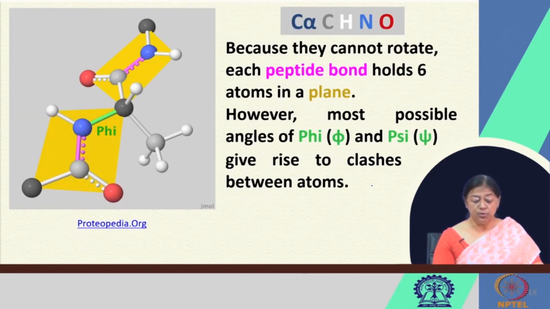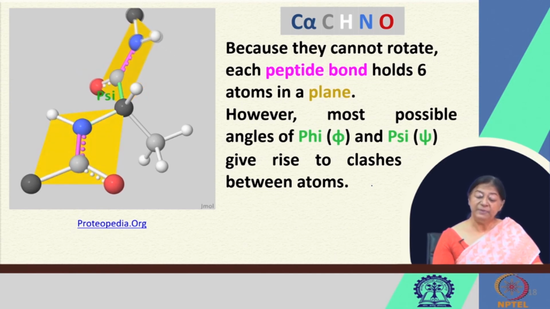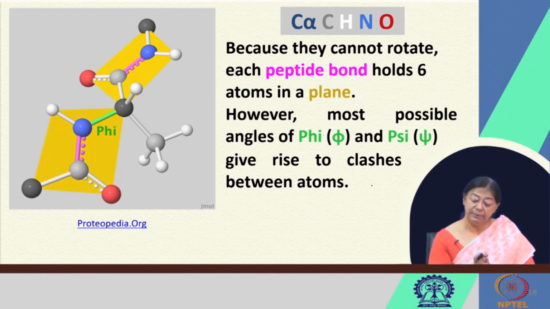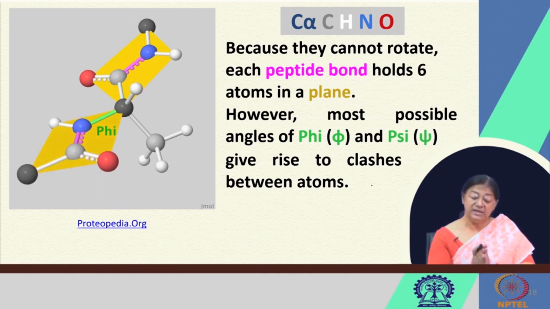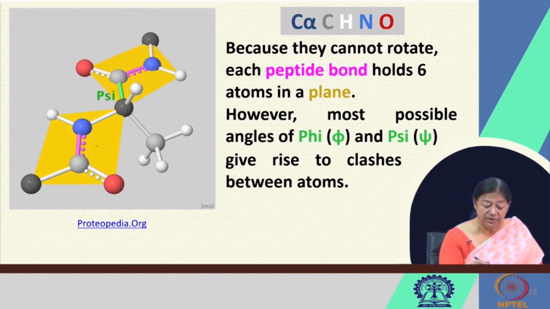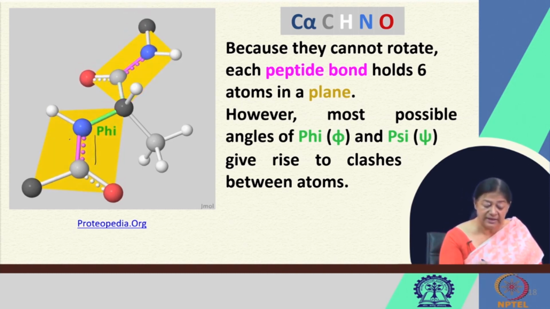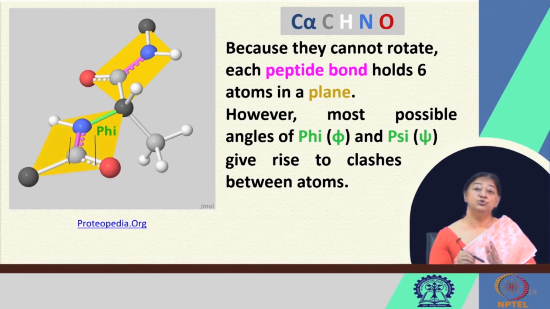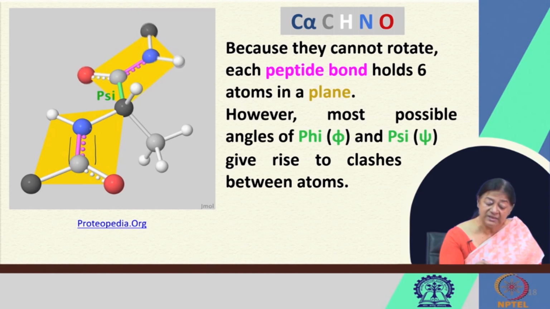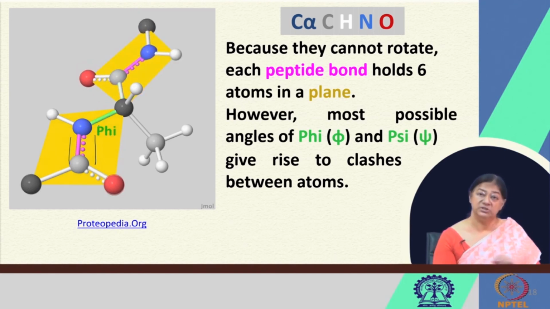So, when we have the rotation, they cannot rotate. We know that the peptide bond is planar. Why? Because it has that partial double bond character. It is not allowed to rotate by itself in the omega angle, but the phi and the psi rotations are possible.